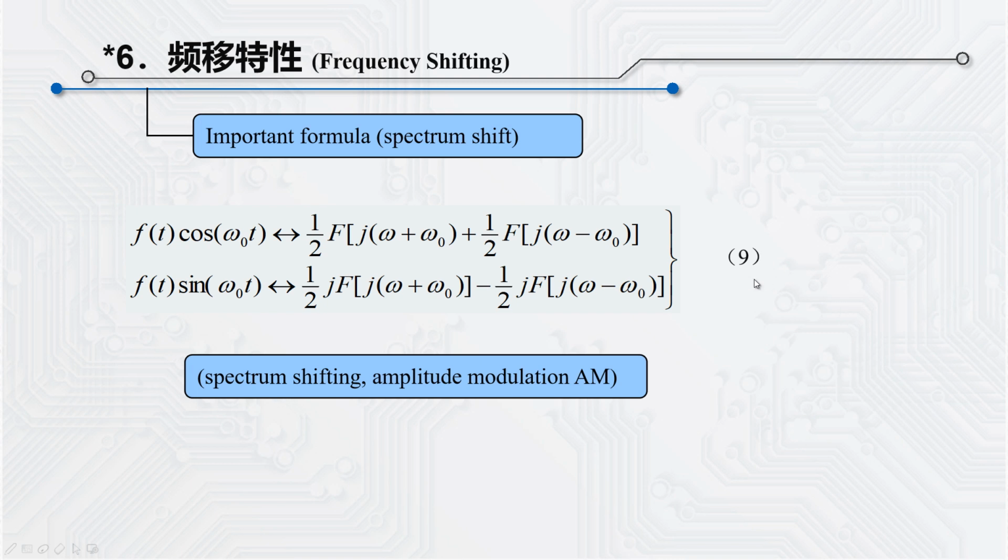As shown in Formula 9, after time domain signal f(t) is multiplied by cosine omega 0 t, there appears frequency shift on the original spectral density function. When you use these two formulas, you should notice the difference between them. In practical engineering, frequency shift is usually used in spectrum shifting, modulation, and demodulation.